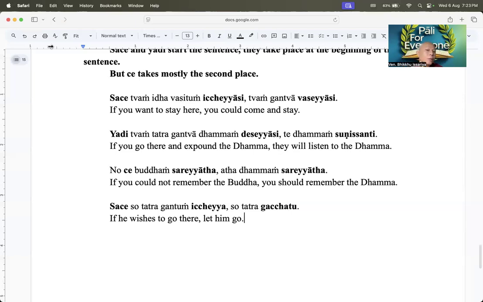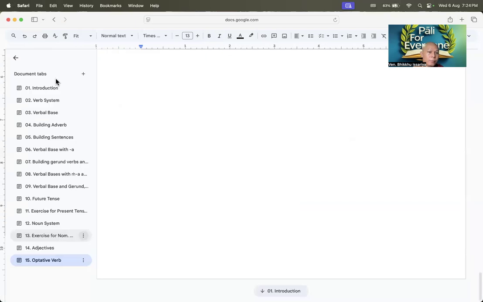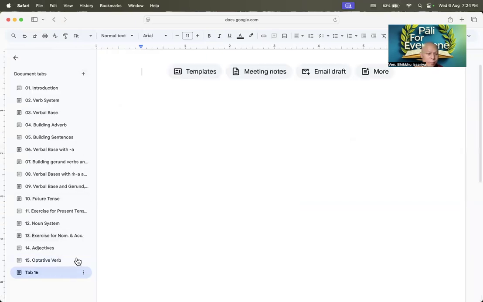Now let's go to the imperative verb. So, imperative verb.